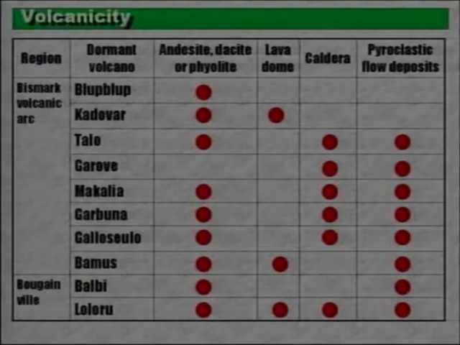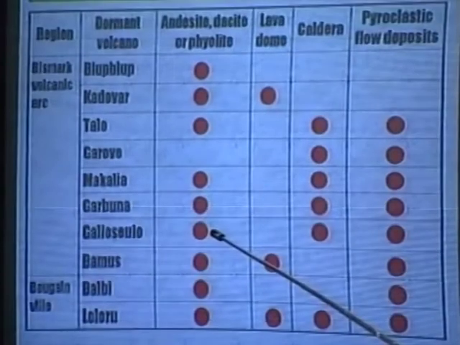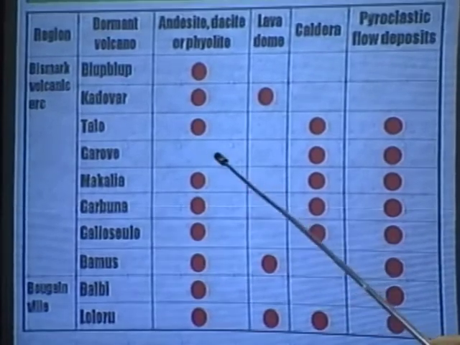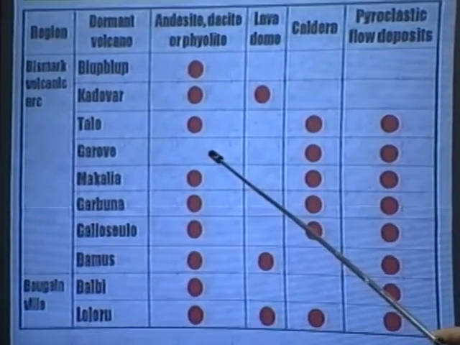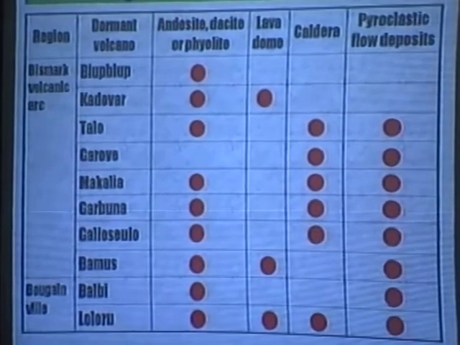When you read across, the andesite, dacite, or rhyolite we're looking at here represent those materials which are actually common in those volcanoes. So where the dots are, that says that type of material is common in that volcano. Where there are no dots, that means those materials are not dominant or common in that volcano.